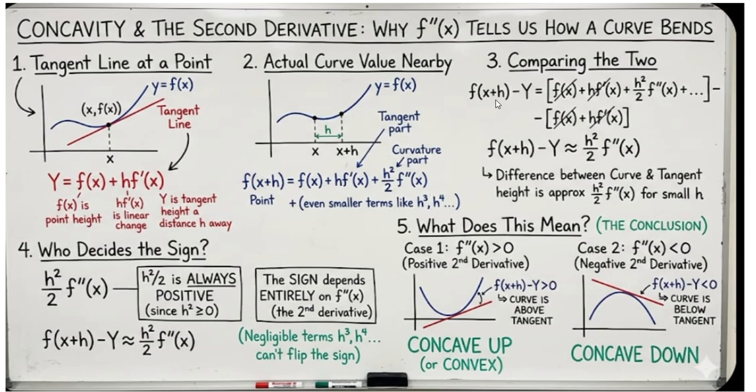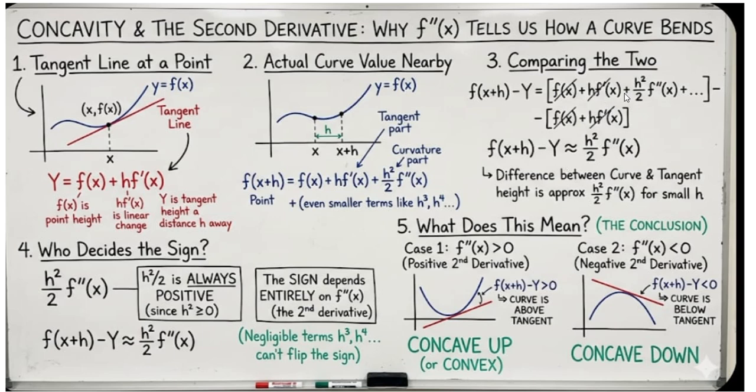If you take the difference, the height of the curve minus the height of the tangent, the f of x and h into f dash of x terms will get cancelled.